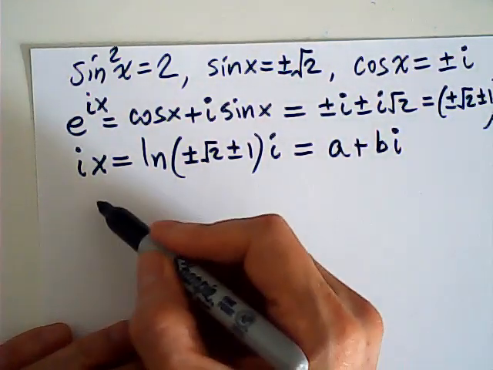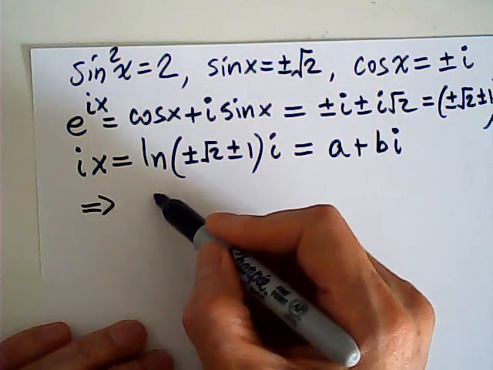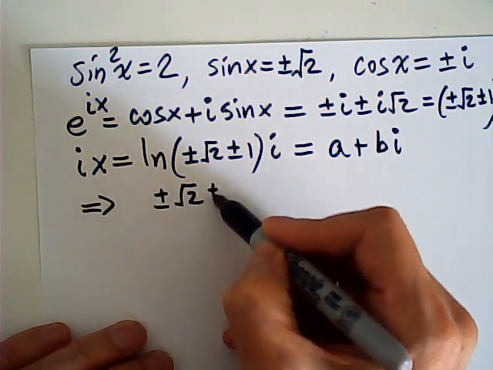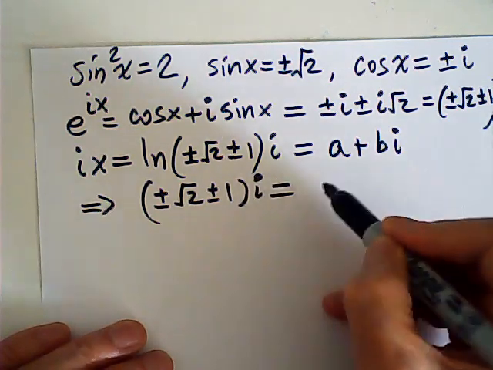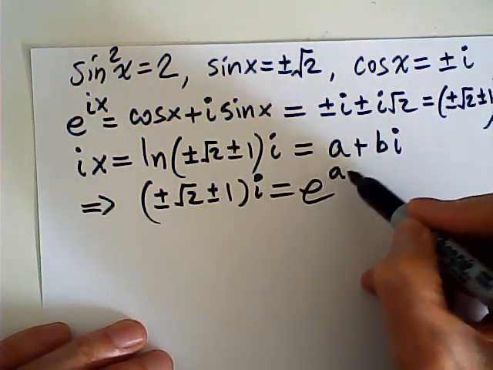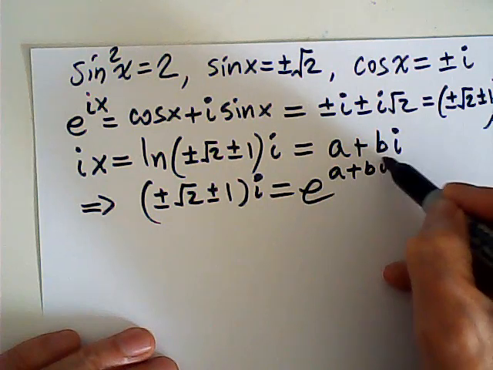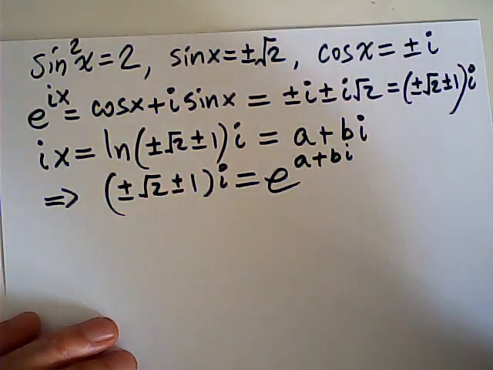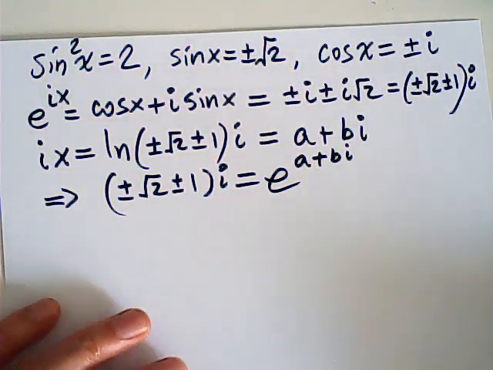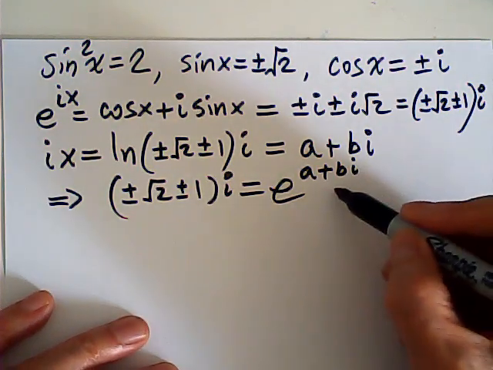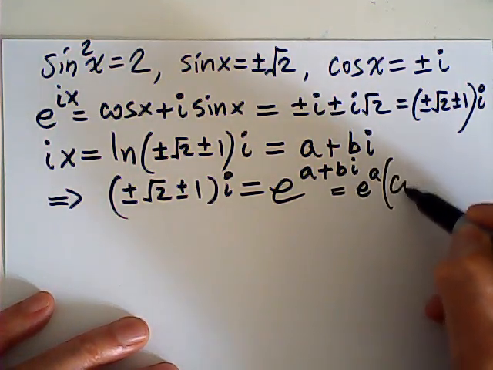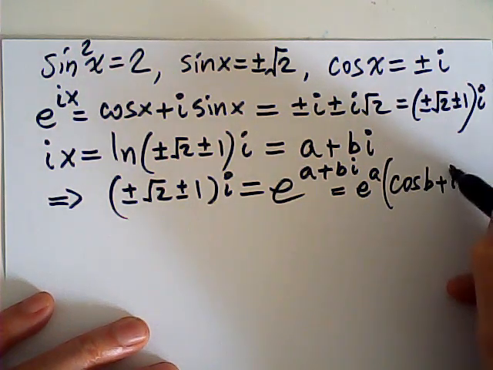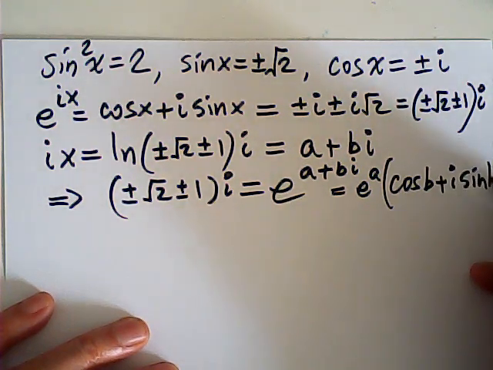Then, obviously, plus or minus root 2 plus or minus 1 i will be equal to e to the power of a plus bi, which is equal to e to the power of a times cosine b plus i sine b.